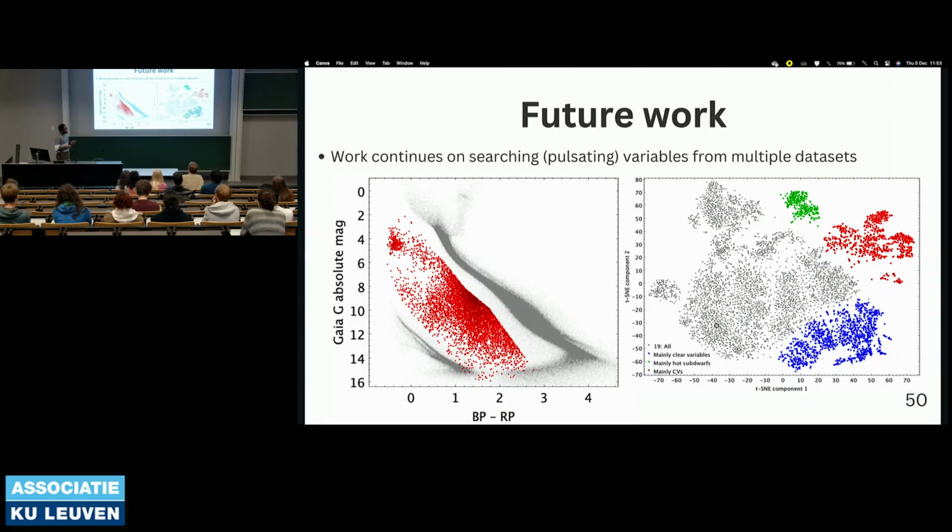And now we plan to cross-match with ZTF and TESS light curves to find more pulsating ones. But so far, we don't know. You mean the physical process behind the green ones? Okay. Yeah.